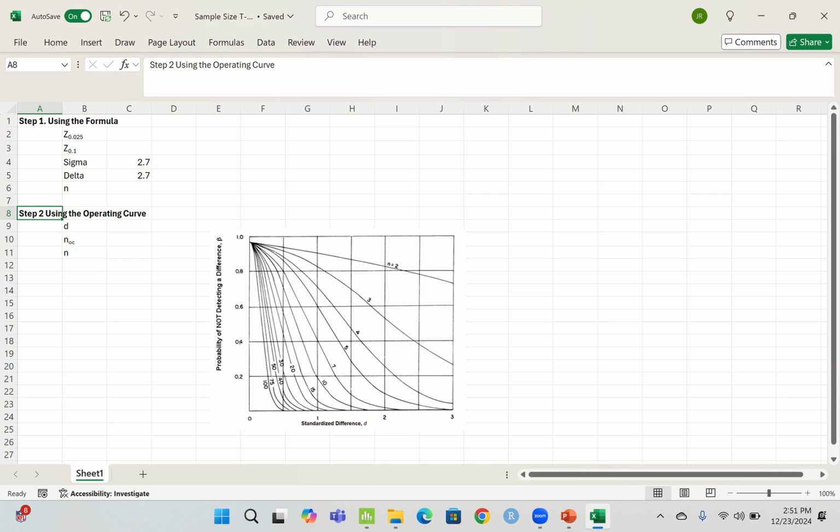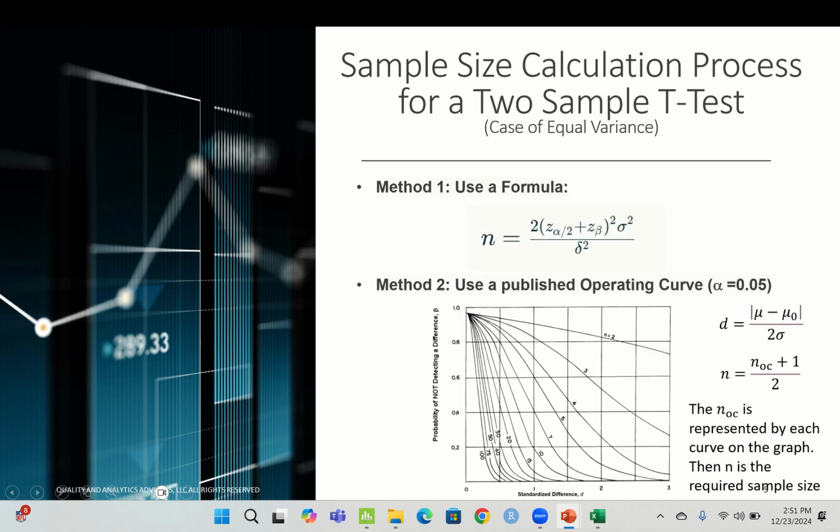I have an Excel page open here, and the first thing that we need to calculate is this term right here. I'm gonna go toggling back and forth between the PowerPoint and Excel just to show you how I go about this.